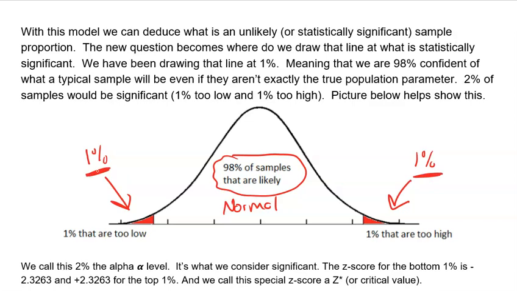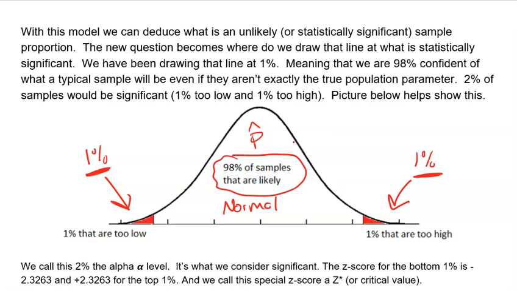Okay, so these numbers all actually make a lot of sense. The 98% represents 98% of p-hat samples, right? 98% of all the millions of p-hats out there are totally normal. Yes, they might be a little bit more than 22% or even a little bit less than 22%, but they're not weird. They're totally normal. You're only significant if you're in the top 1% or bottom 1%.